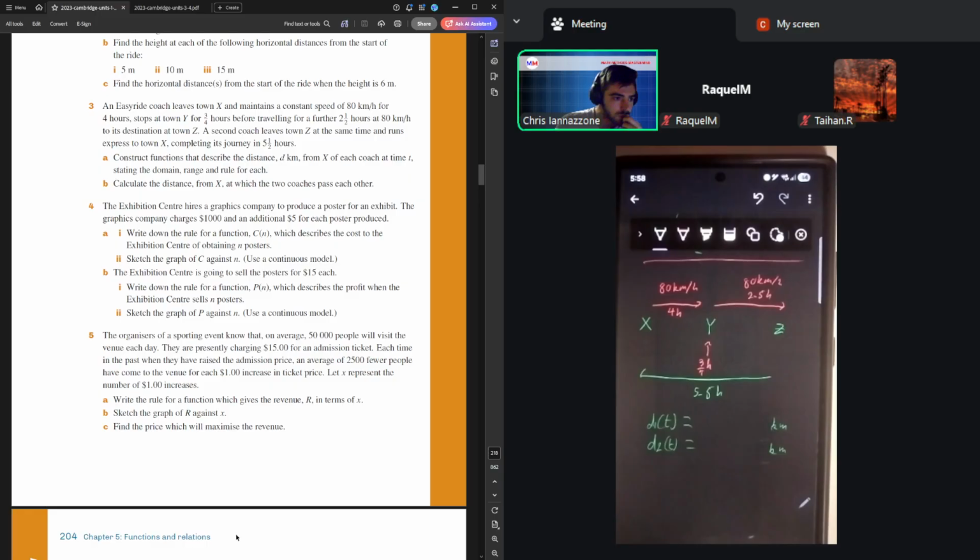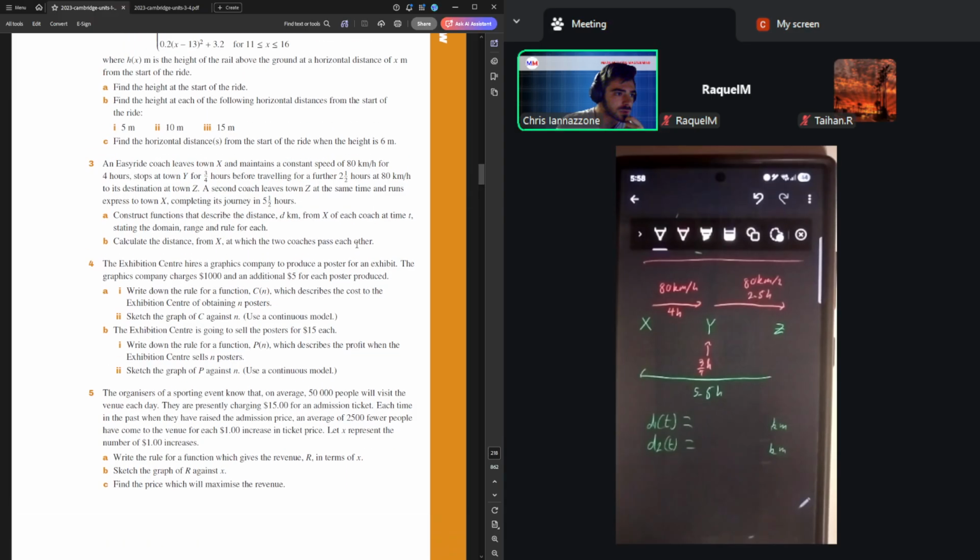Another hint for mapping the journey could be to think about what chapter this was in. This chapter was about functions and relations fundamentals.